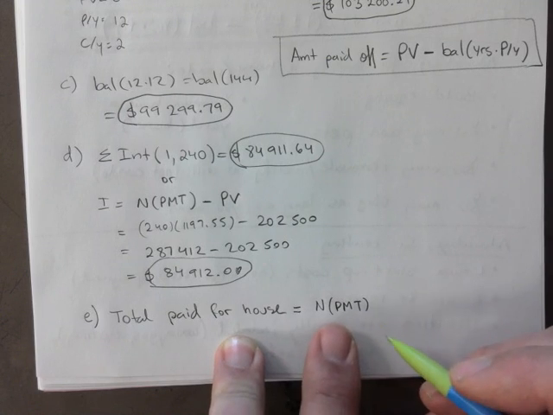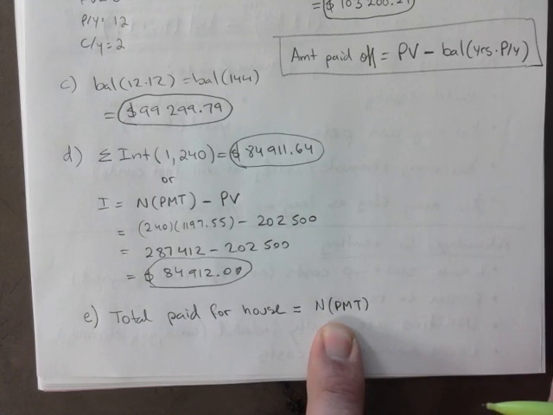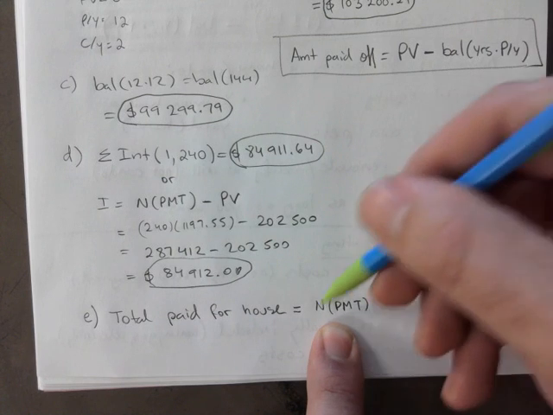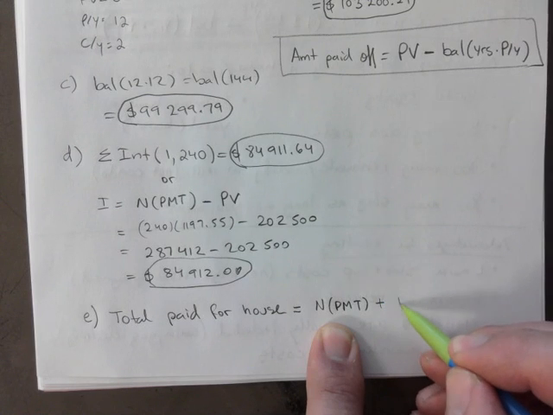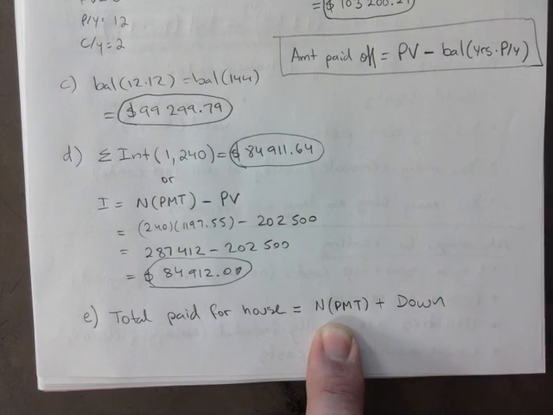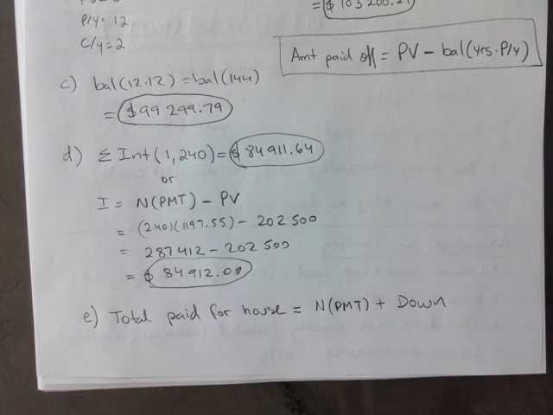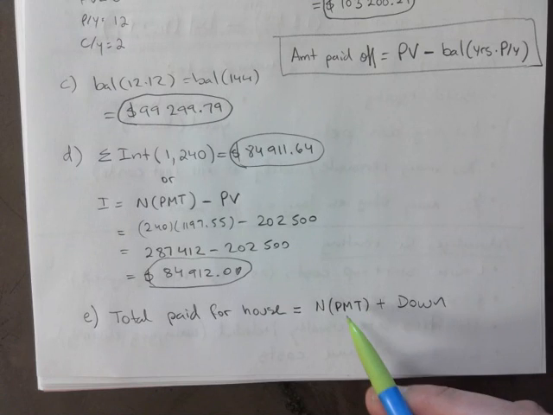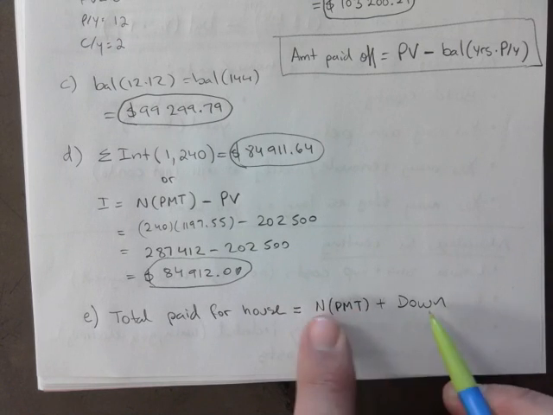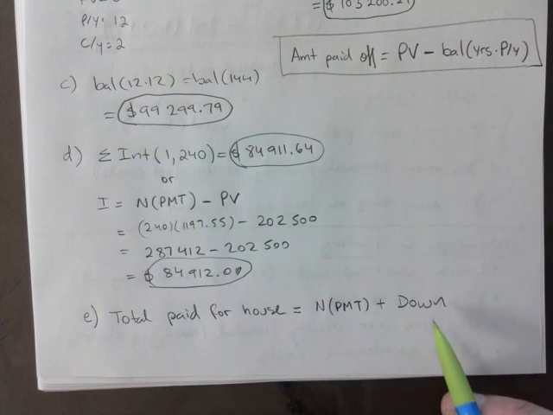And what else will you add to this? The interest will be in here. But I will just say this, down. Because the down payment, you paid that off from your own money. You're like, I'm putting 12 grand towards it. The rest you finance with the bank. And so it's always these two when they ask you how much did you pay in total.